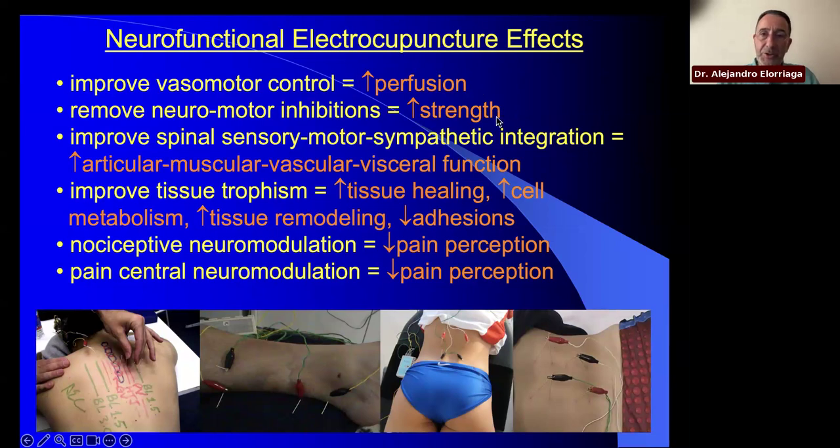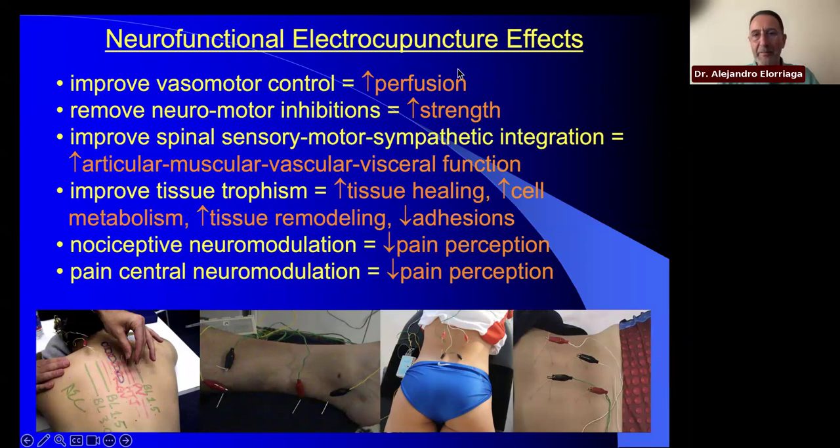If you can do these two, improve perfusion and improve neuromotor activation, you're going to be able to handle movement, to handle reaction forces, and certainly nociception is going to decrease by leaps and bounds. And in my book and in my practice, I do not seek pain modulation. I let the brain do that.